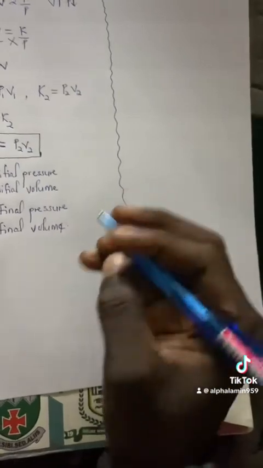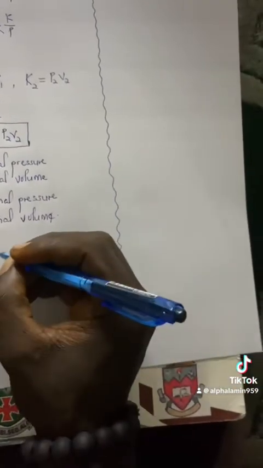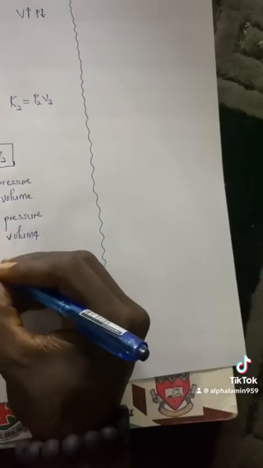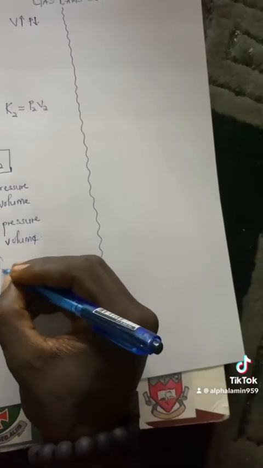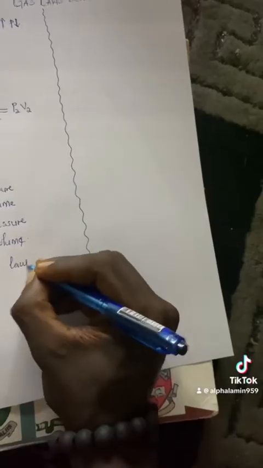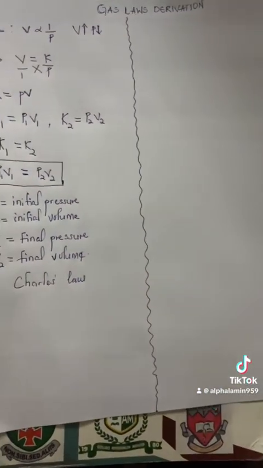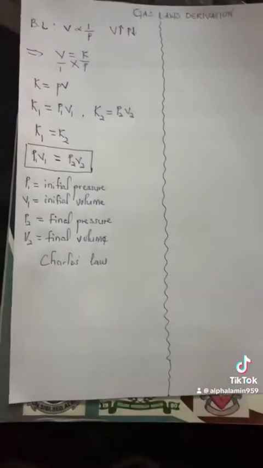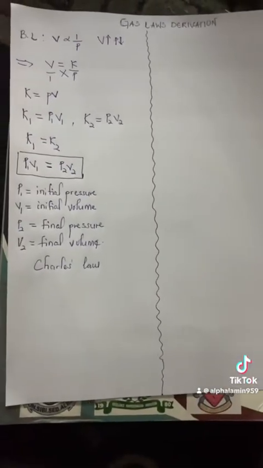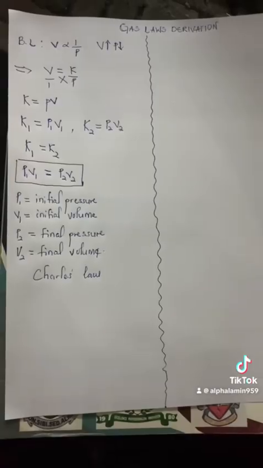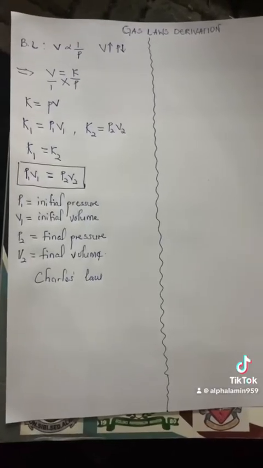So the other law that we are going to talk about is what we call Charles's law. Let me just spell it. This is called Charles's law. Others call it Charles' law. So for Charles' law, this deals with the relationship that exists between the volume of a gas and its temperature, its absolute temperature.